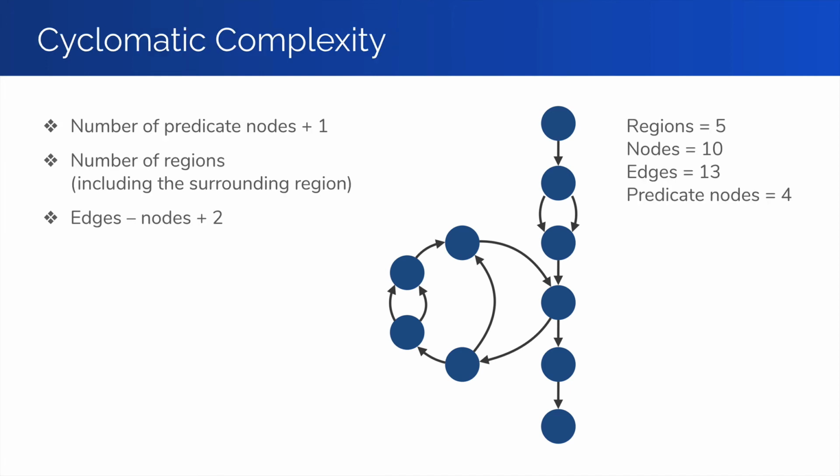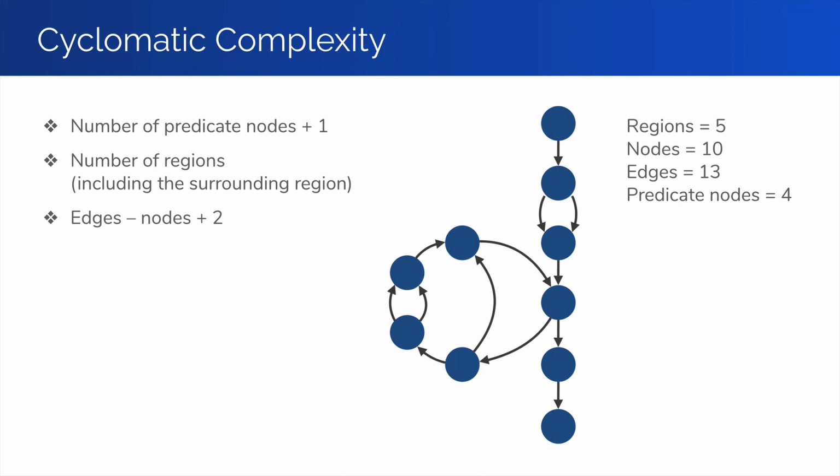As it turns out, there are a few different ways you can calculate the cyclomatic complexity from just looking at the flow graph. First, you can simply count the number of predicate nodes. These correspond to conditions in the code, and add 1. Predicate nodes are nodes that have 2 outgoing edges instead of just 1. The nice thing about this way of calculating the cyclomatic complexity is that you can simply look at the code and get this number.